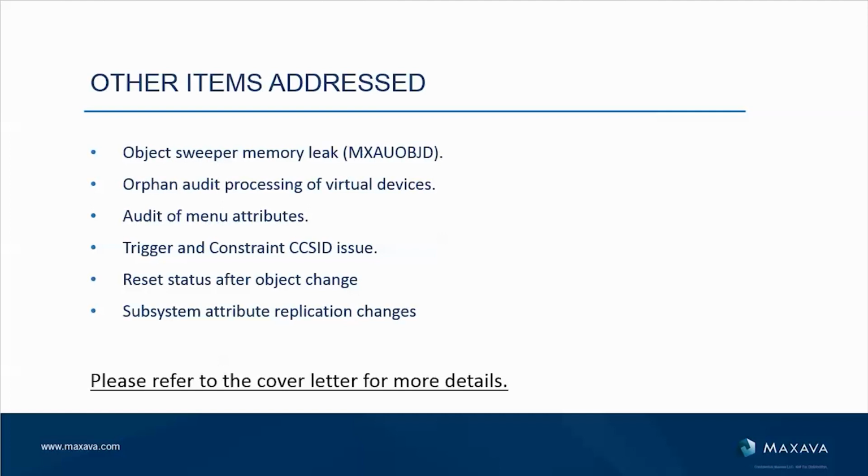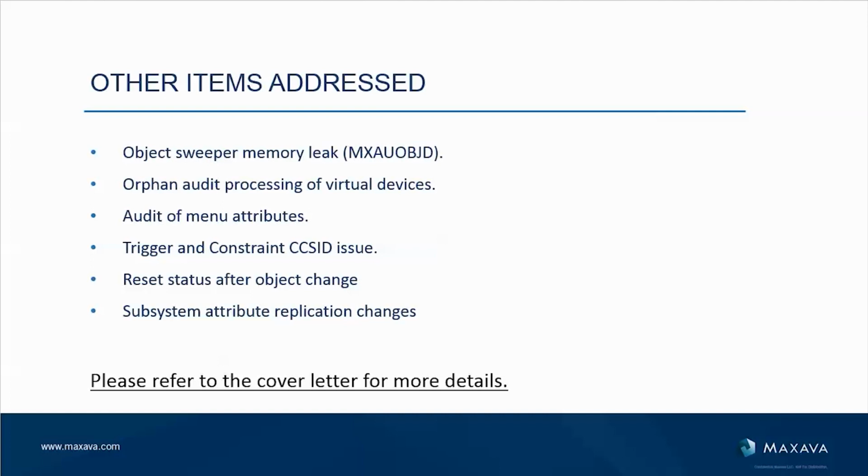Other items addressed in this PTF package: an object memory leak from the MXAUOBJD command has now been corrected. Orphan audit processing for virtual devices has now been corrected, which was identifying extra devices on the target system. An audit of menu attributes has been corrected.